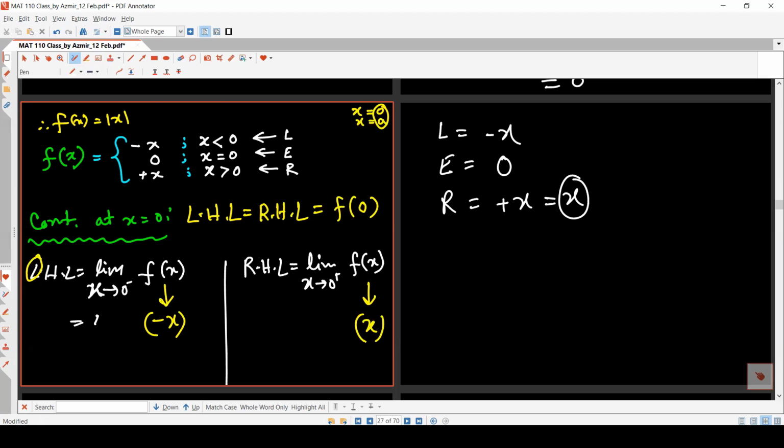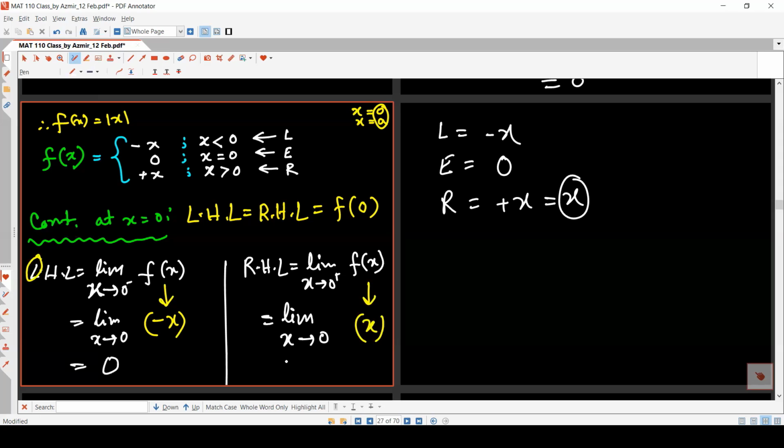Now let's find limit x tends to 0. No need to write minus above. Limit x tends to 0. If we input 0, minus 0, that means 0. Finite value, left hand limit exists. Let's input 0 in the right side. So here we have 0. This is also finite.